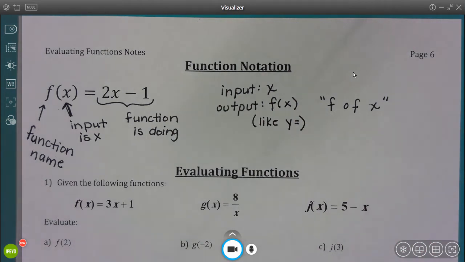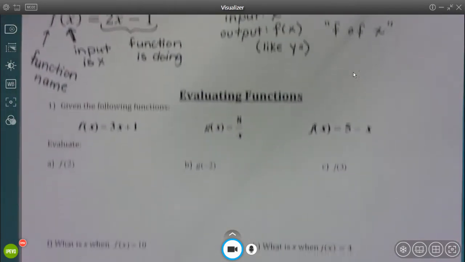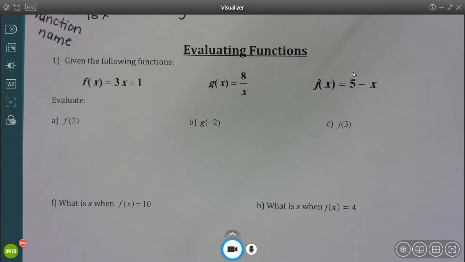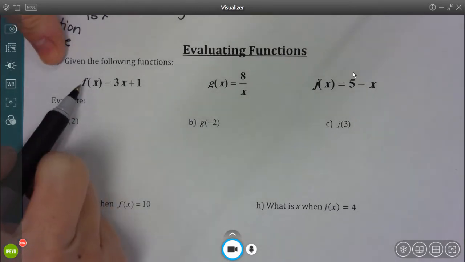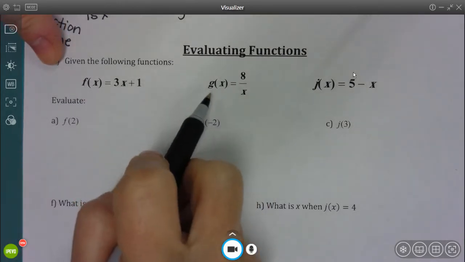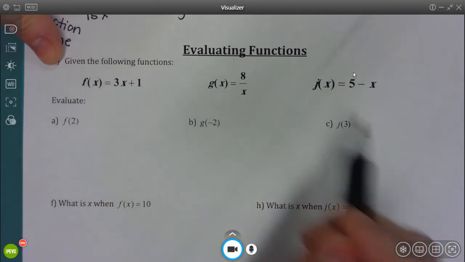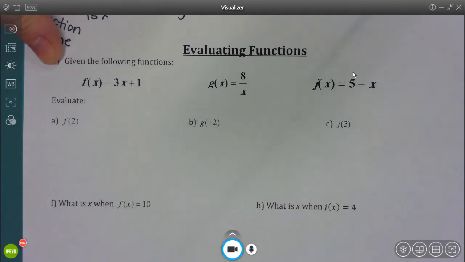So that's function notation, and we're going to learn in this video how to use function notation when we are evaluating functions. So we're going to look at three different functions: function f, function g, and function j. We're going to learn how to evaluate those functions based on the name and how we are given a representation.